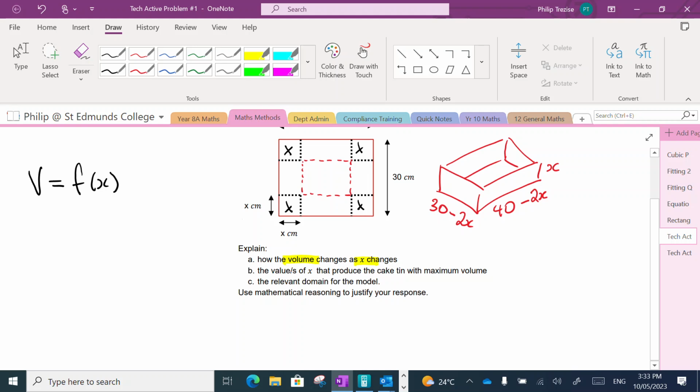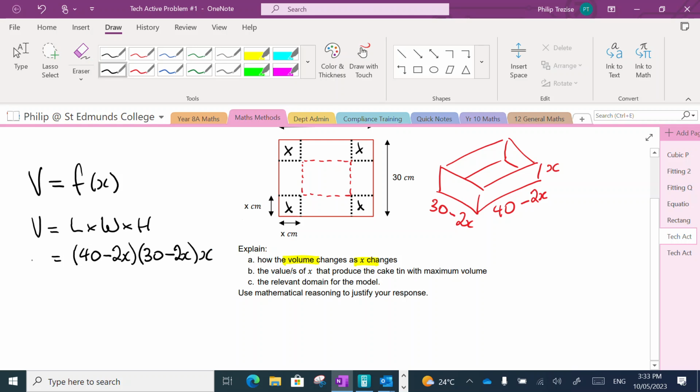Well, to find the volume, we would go length by width by height. So we would have 40 take 2x by 30 take 2x by the height of x. Now that's a perfectly good way to express the function. That's the function there in factored form.